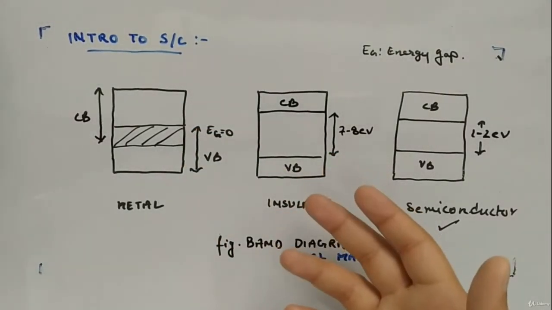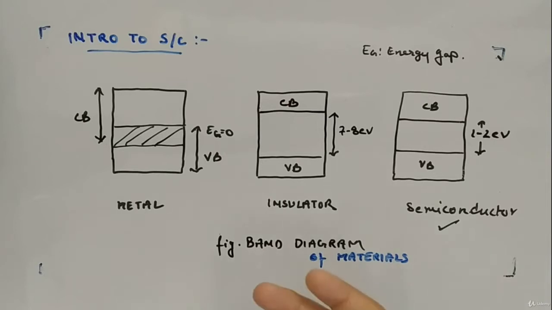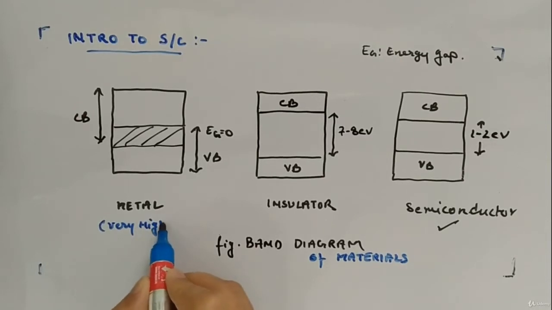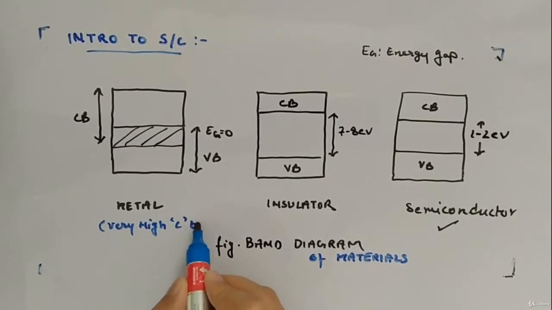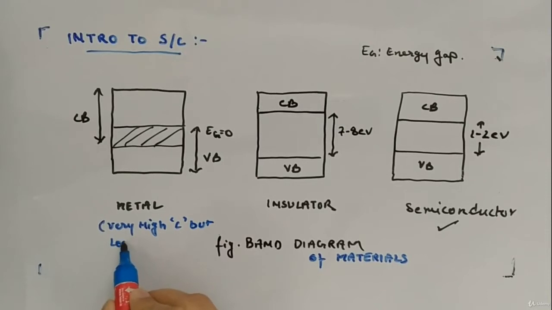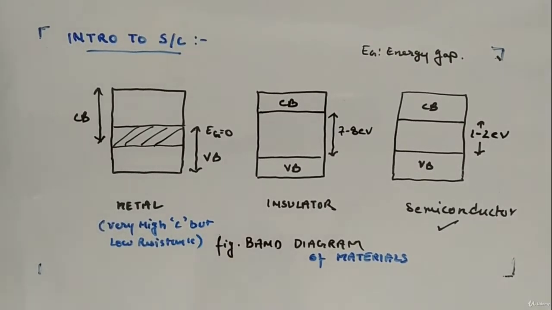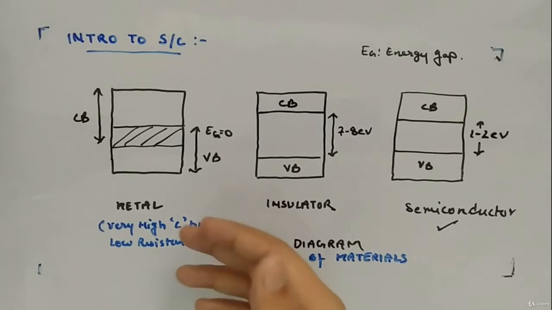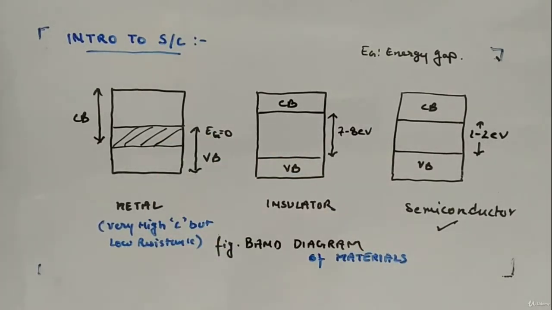So you by default get free electrons and holes for conduction. That's why it has very high conductivity but low resistance. This is one material which is good, which we can use for different applications.